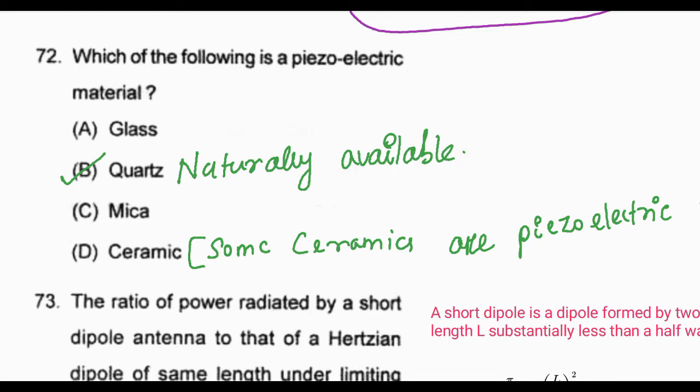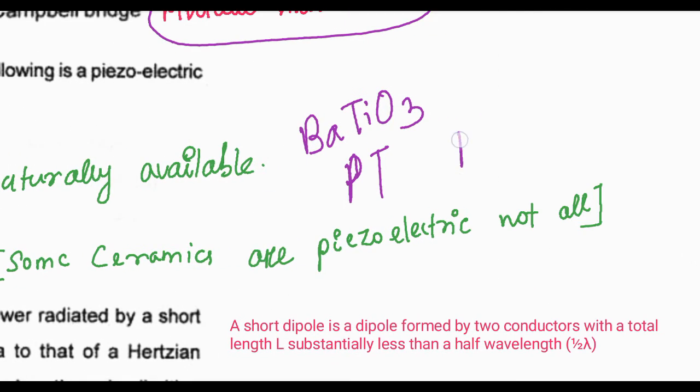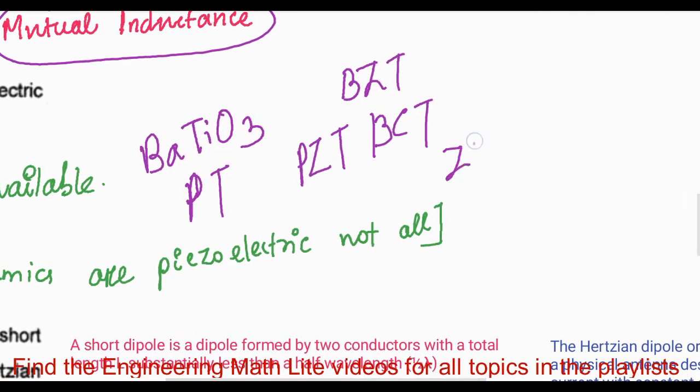And if we consider the ceramic, there are a lot of ceramics such as BaTiO3, that is barium titanate, PT that is lead titanate, PZT that is lead zirconate titanate, and another BZT that is barium zirconium titanate, BCT that means barium calcium titanate, ZnO.